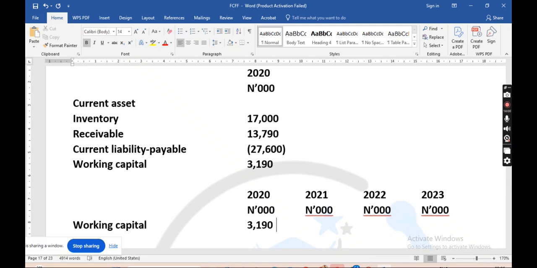Okay, so what is the increase? If you increase it by 25%. How many percent, sir? 25%. Okay.